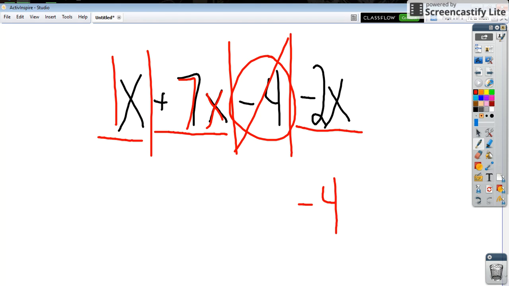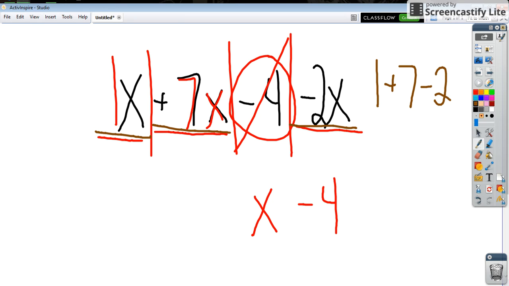So 1X plus 7X, because we're talking about X's now, you've got 1X, 7X, and a -2X. So that's a 1X, and that was a +7, so +7, and this is a -2X. What you look at are the coefficients.